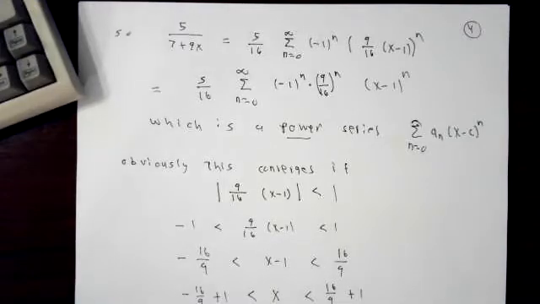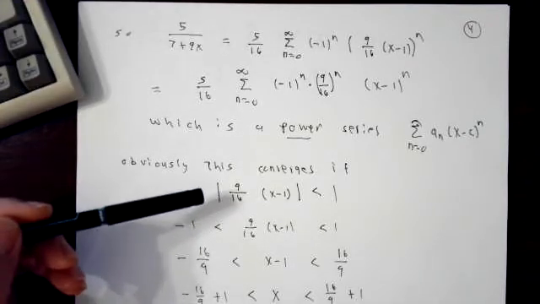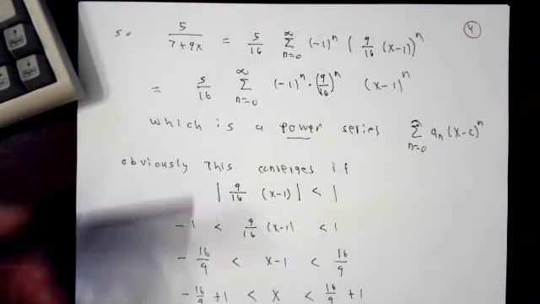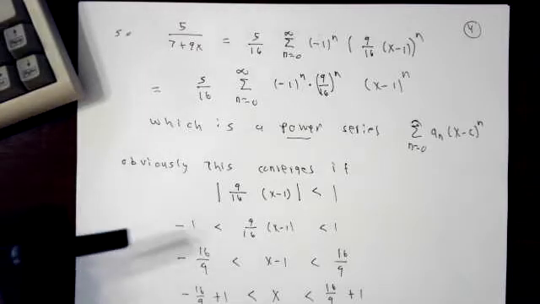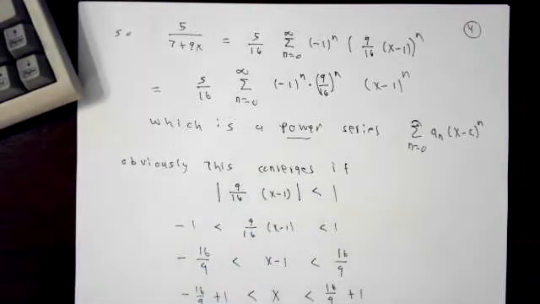This converges if the thing that we talked about previously is less than 1 in absolute value. So I'm going to get absolute convergence when this happens. 9 over 16 times x minus 1 has to be between -1 and +1. Multiply through by 16, divide by 9, add 1 to everything.